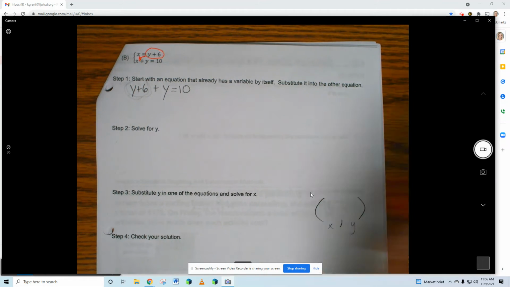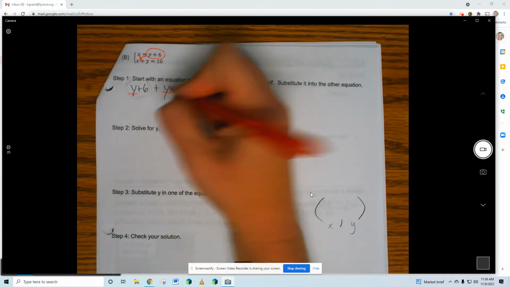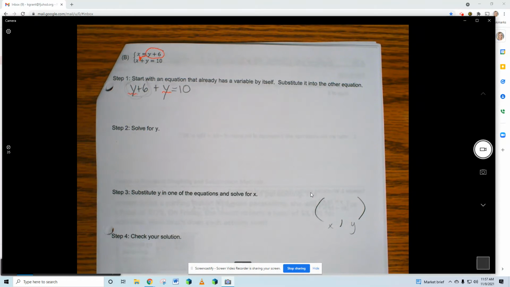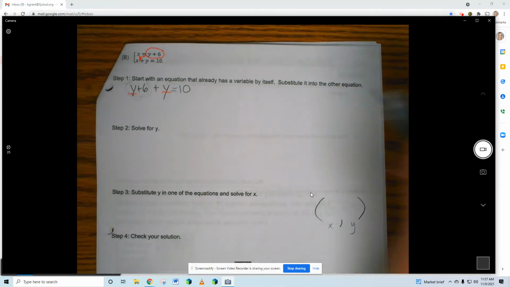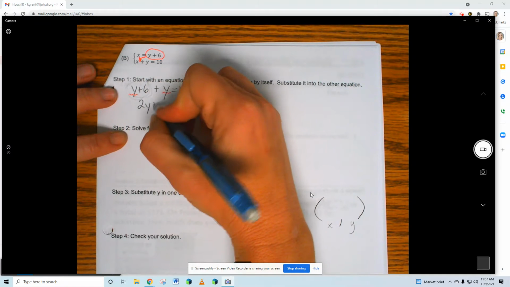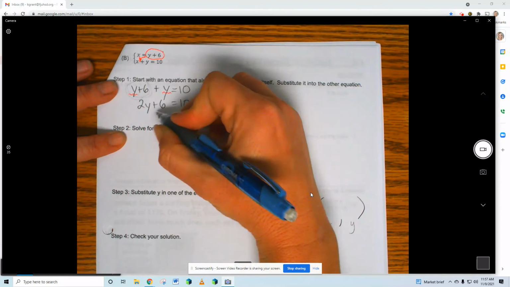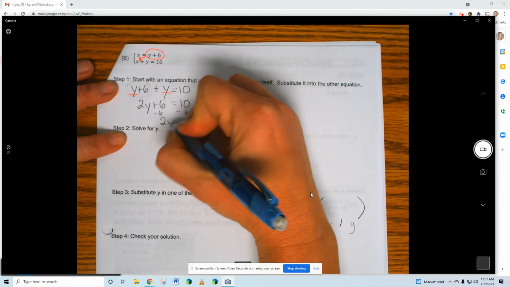I have like terms, y and y. So, 2y plus 6 equals 10, yes? 2y equals 4.